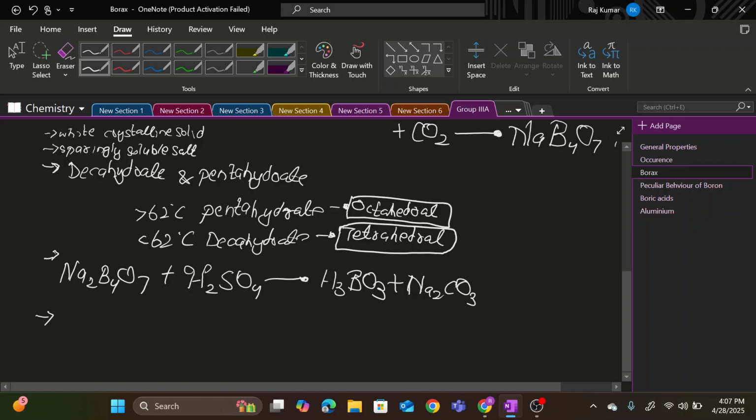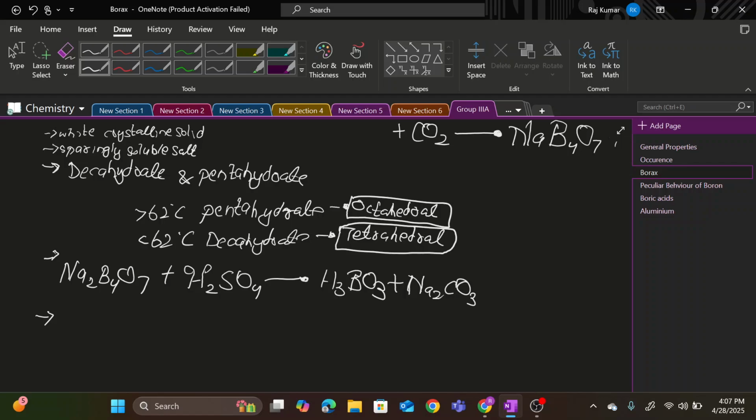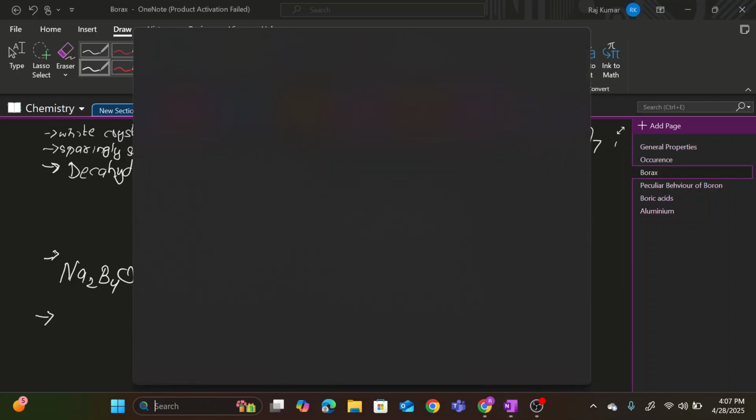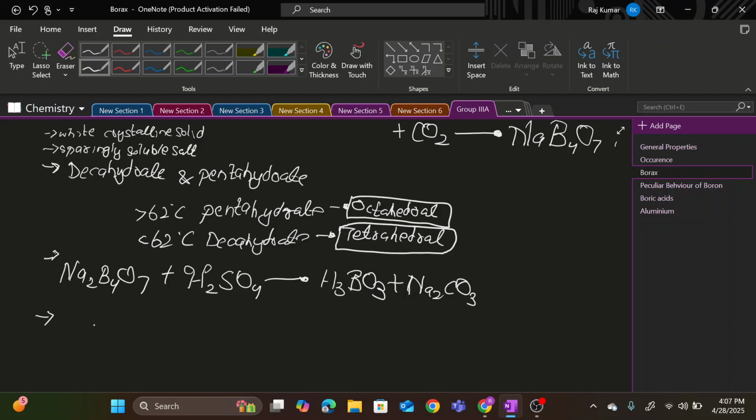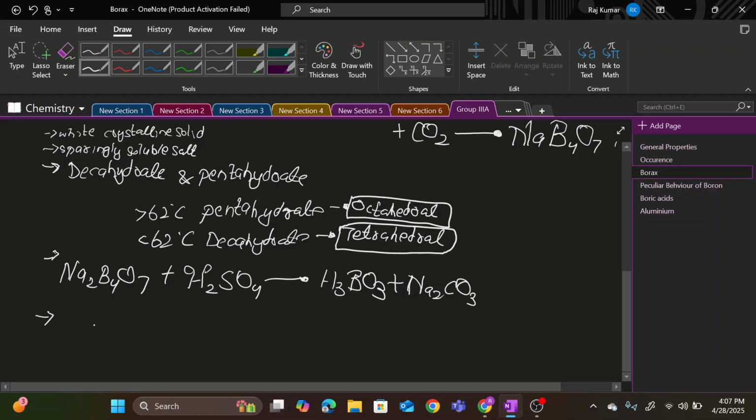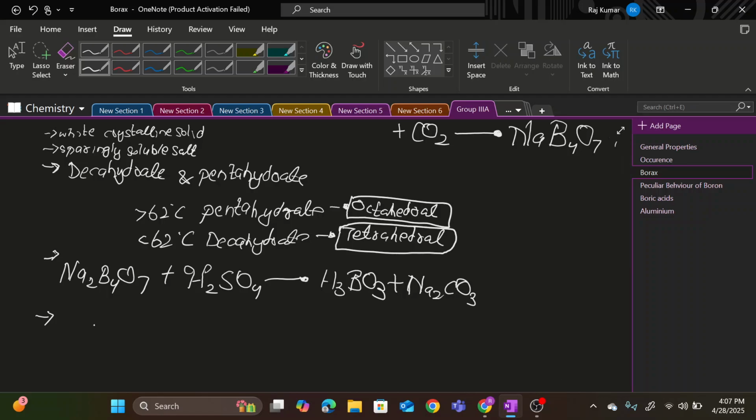And when borax is hydrolyzed, it forms a strong alkali and a weak base.